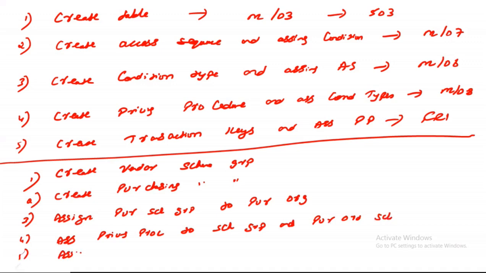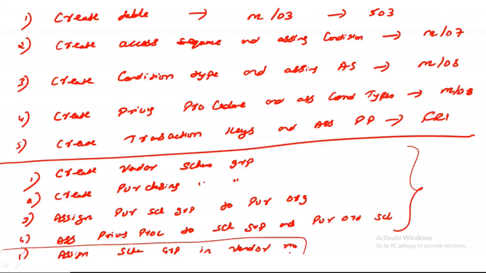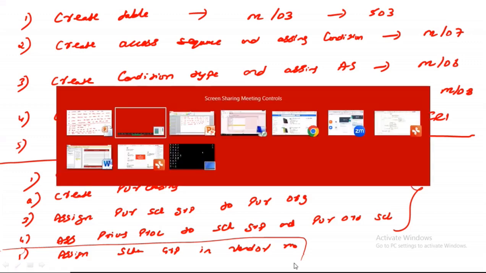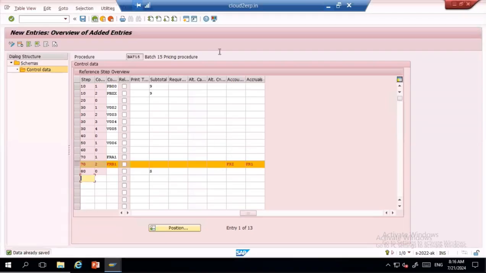Then assign this schema group in the vendor master. These all are standard. You can do it from configuration, but this one needs to be done at the vendor master level. When you assign the schema group to the vendor, only then will the pricing procedure come into the purchase order. So let me go to config again. As of now, I'll go one step back.